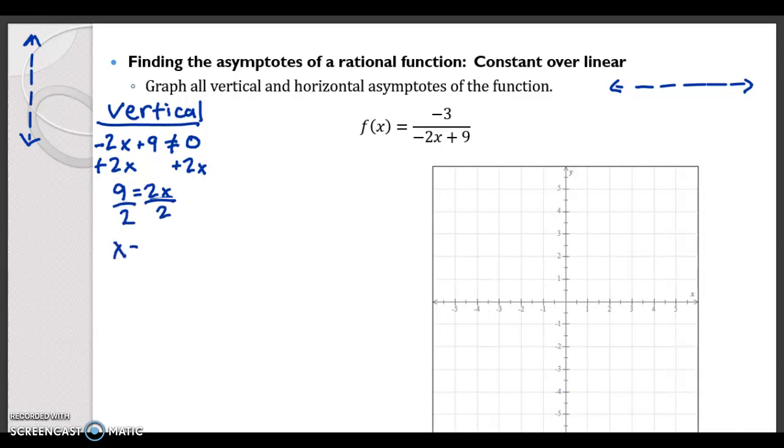So x equals 9/2. That is the equation of my vertical asymptote. So I can go to 9/2, which is almost 5, right? And I can draw a vertical asymptote there.